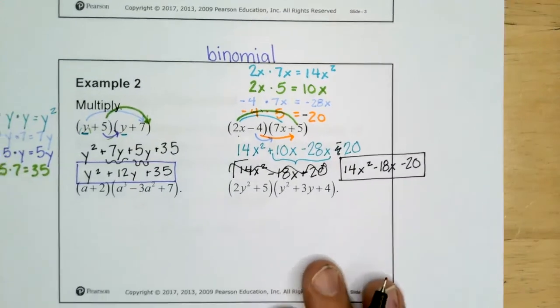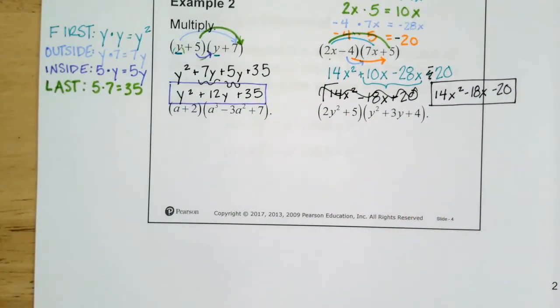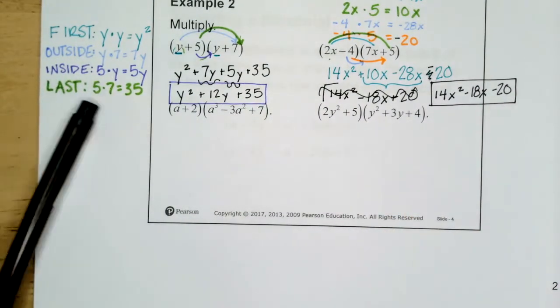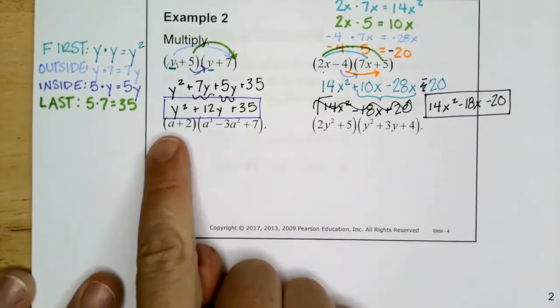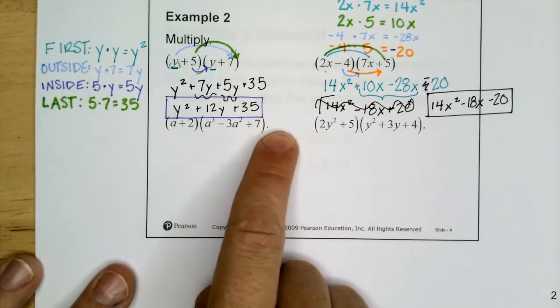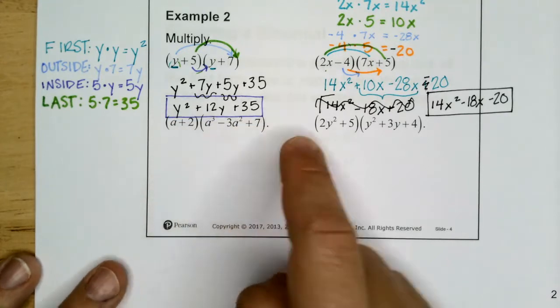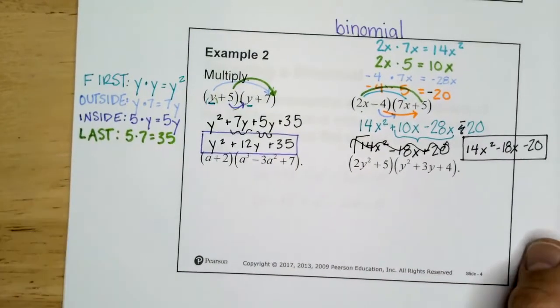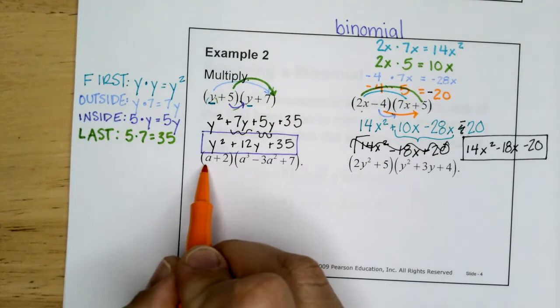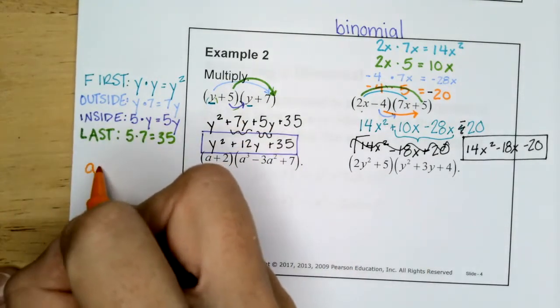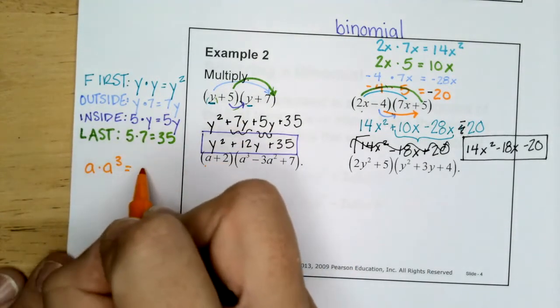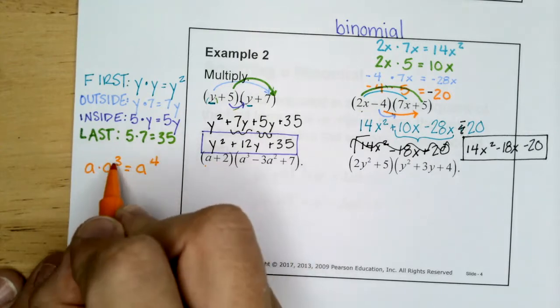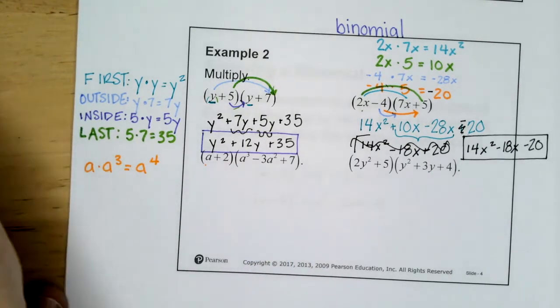All right. Ooh, now it's a trinomial. So all that means is we're going to put that a times each of these, and then we're going to do that 2 times each of these. Okay. Don't worry. So we'll start with a times a to the third is a to the fourth because we add 3 and 1, right?